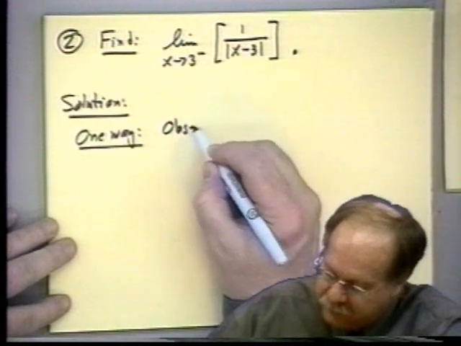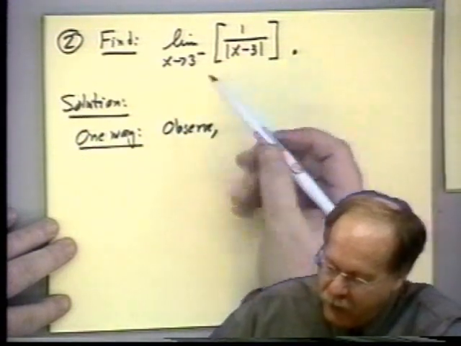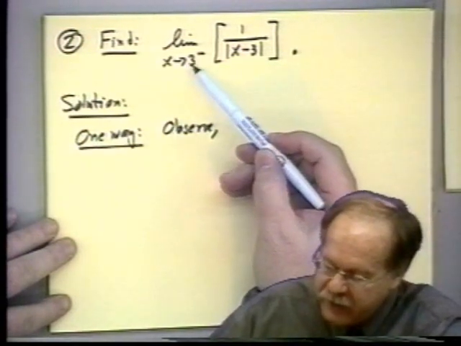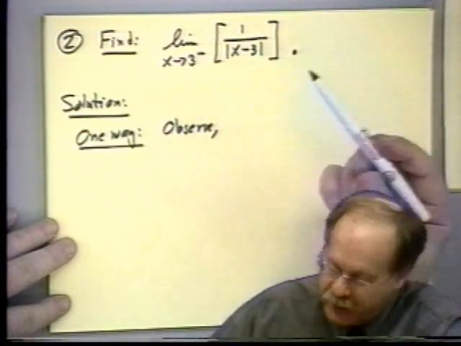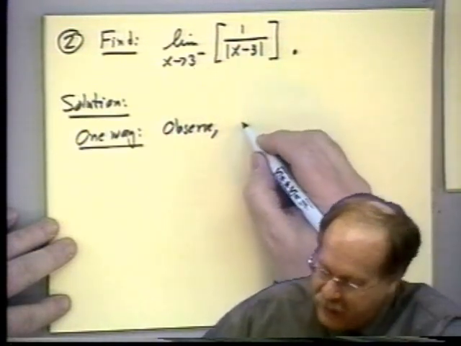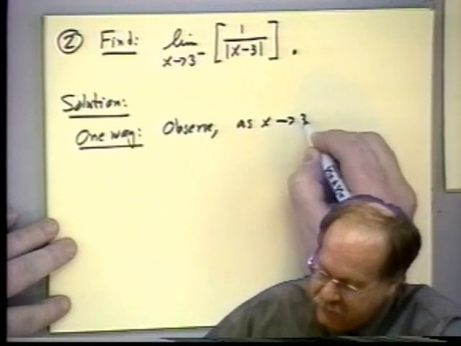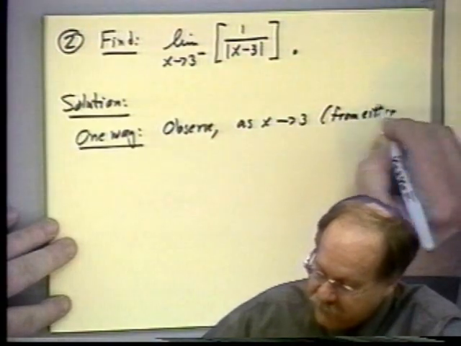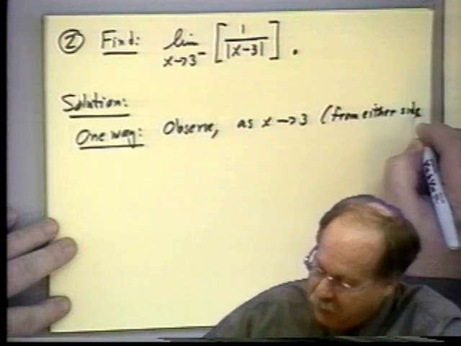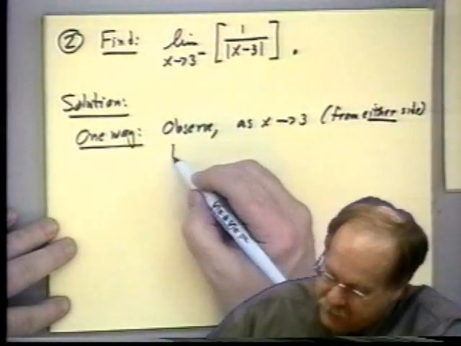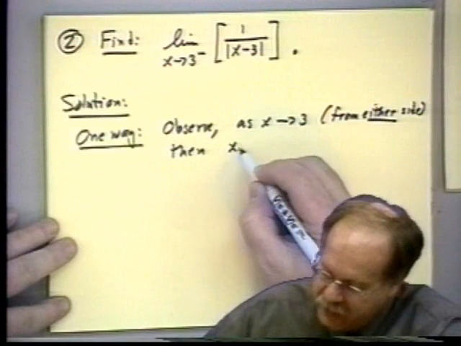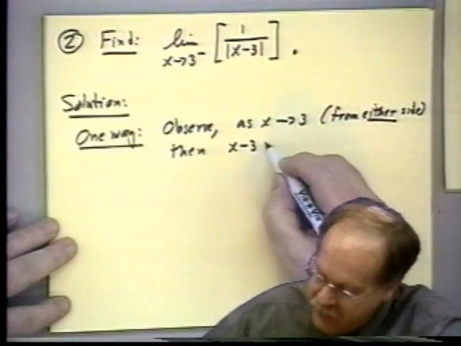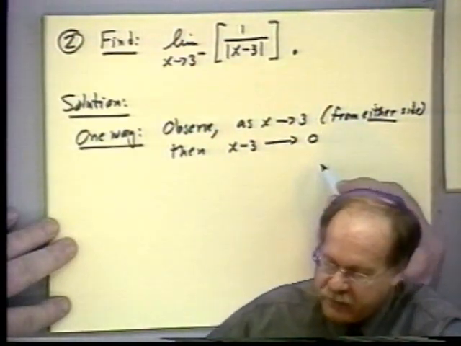Let's observe the following. X is approaching 3 from below. But let's just say as x approaches 3 from either side, that is from below or above, then the bottom, the expression x minus 3, approaches 0, of course.